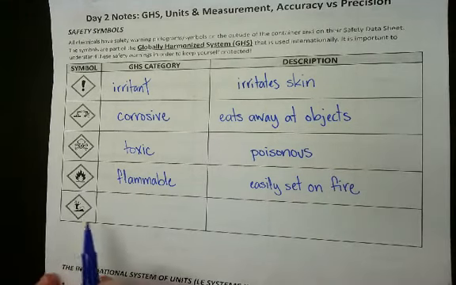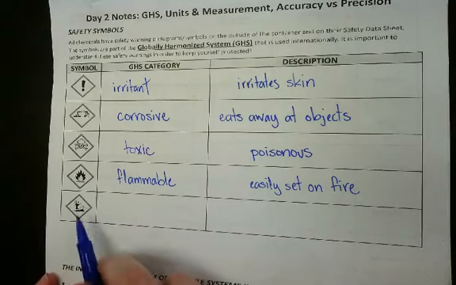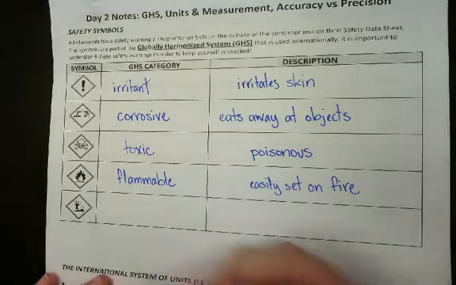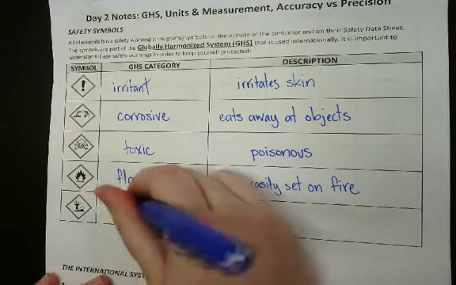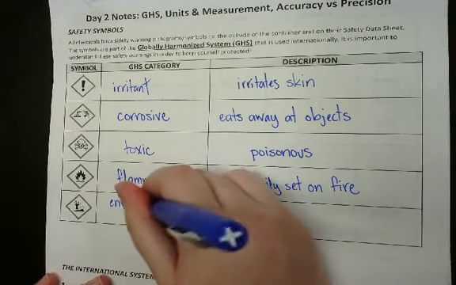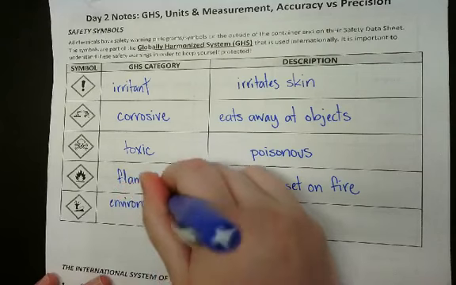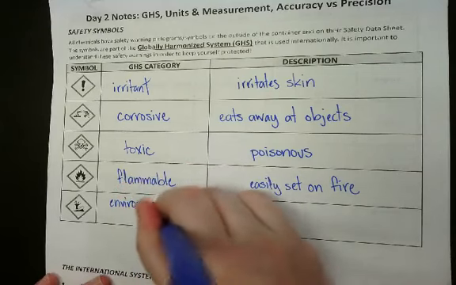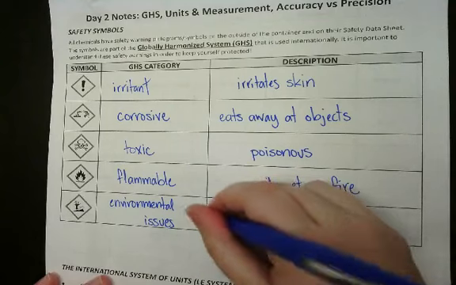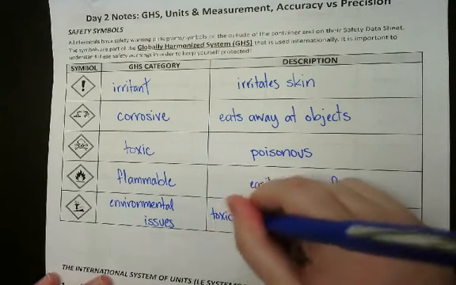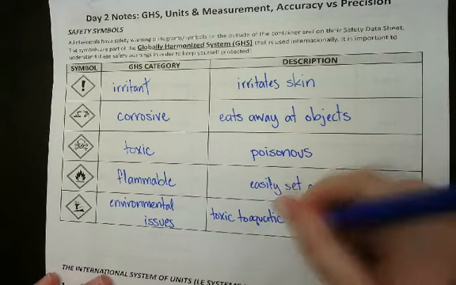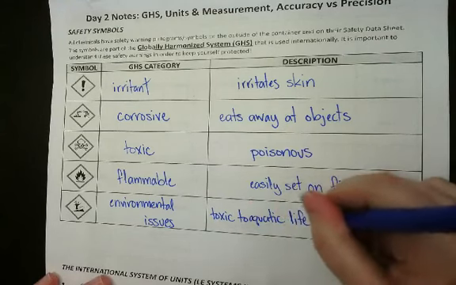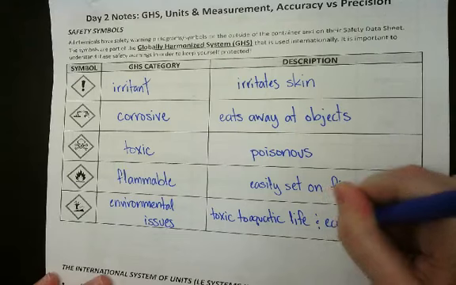And the last one, it looks like there's a dead tree and a dead fish. This is environmental issues. Sorry, environmental issues, not systems. That's the class. And that just tells us that it's going to be toxic to aquatic life and ecosystems.